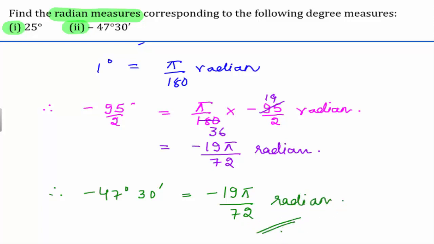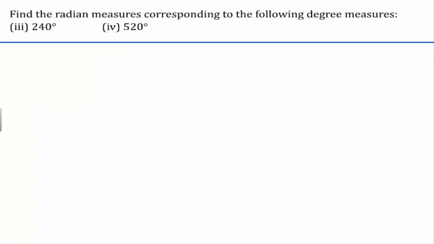This completes the solution. In this question, we have to find the radian measure of 240 degrees and 520 degrees. Let's begin with the solution. And first let us find the radian measure of 240 degrees.